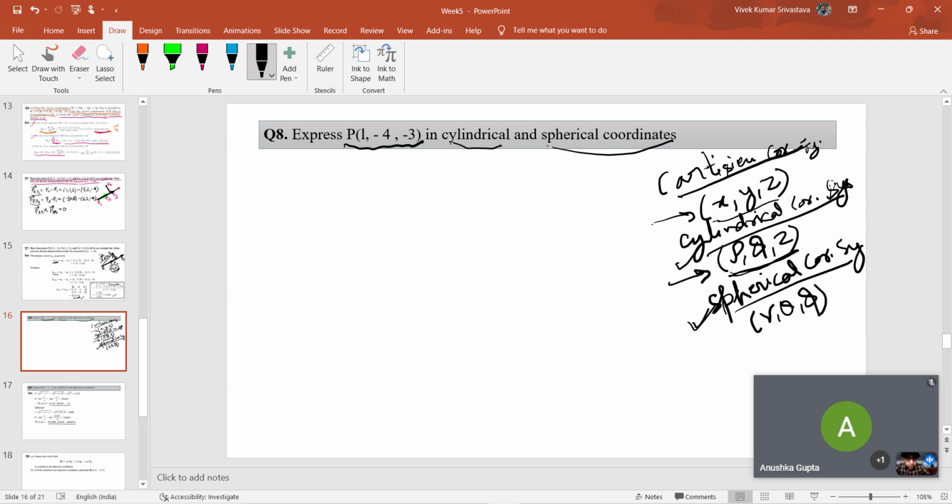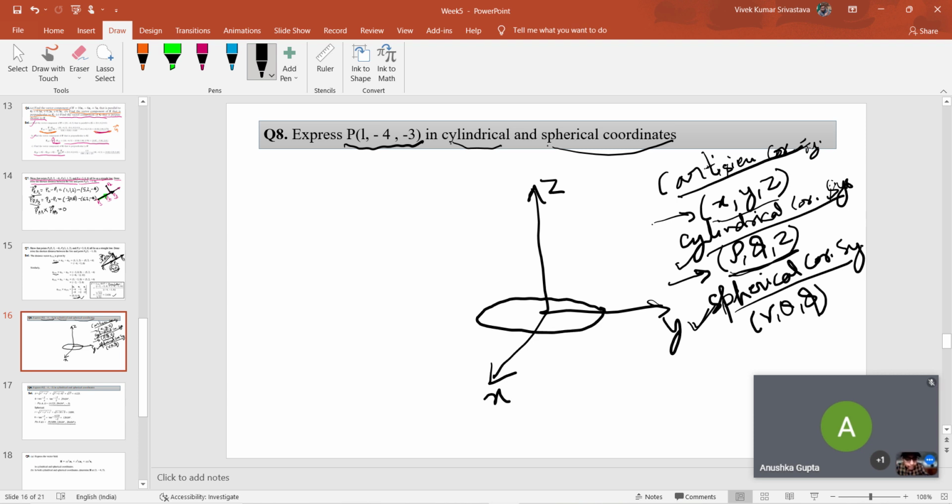So let us suppose this is my Cartesian coordinate system, that is x, y, and z. Let us say this is the point. This point represents p, which is equal to (1, -4, -3).